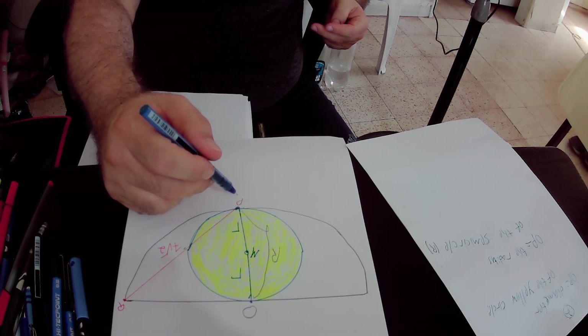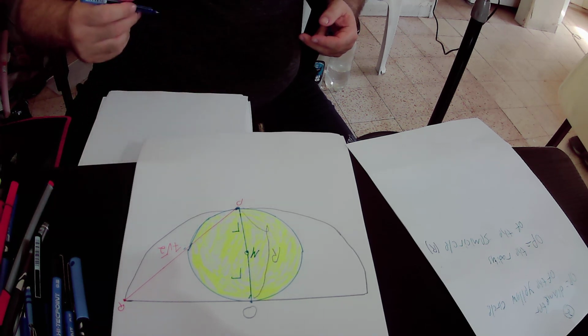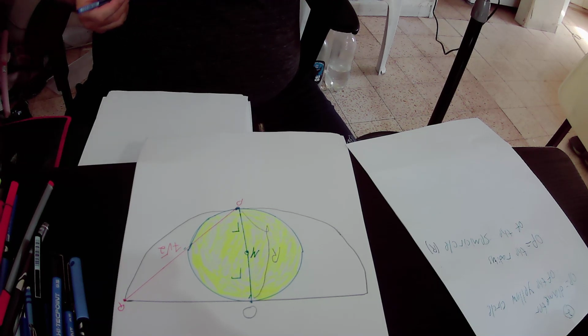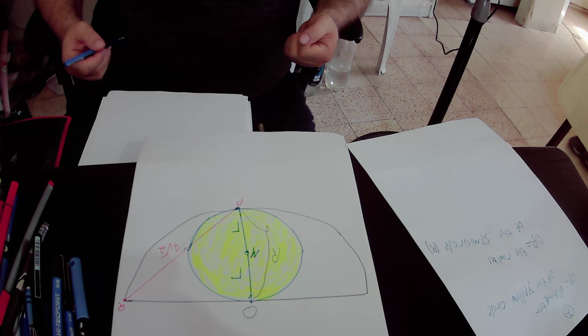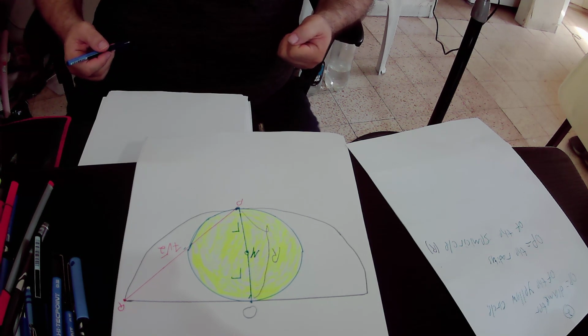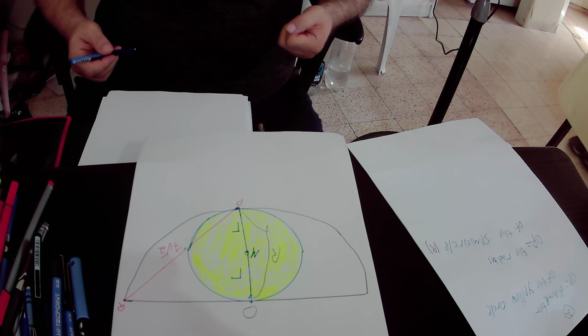So any segment line that starts from the center of a circle and ends at a point on the circle is defined as the radius of the circle.